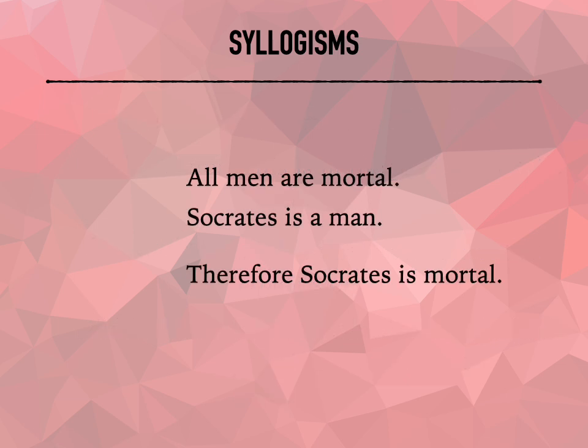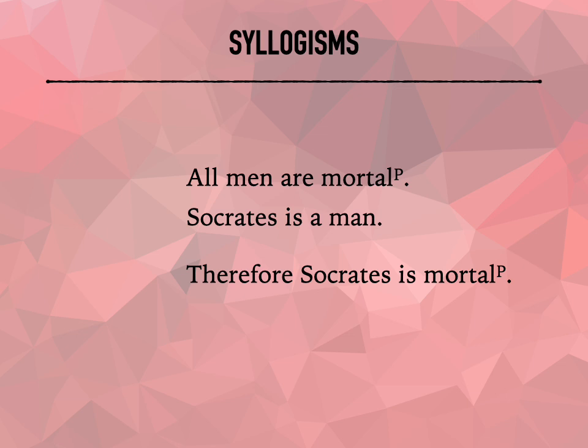So in the example we had before, all men are mortal, Socrates is a man, therefore Socrates is mortal. We can see that mortal is my major term because it is the predicate of the conclusion. You might also recall we often mark this with a P to show the major term. So you see mortal is my major term.